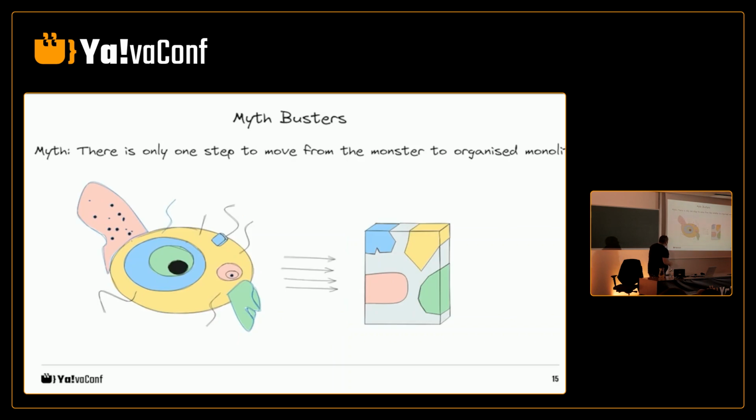So another myth: there is only one step to move from the monster to an organized monolith. If you have knowledgeable people in your team, they probably understand very well that you can fix some problems not by changing the whole architecture. They say, okay, let's just fix small things in the existing code, existing architecture, whatever we need to change in order to be more organized.